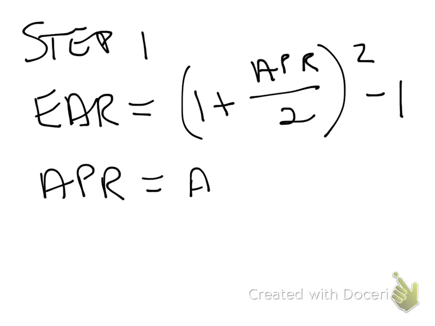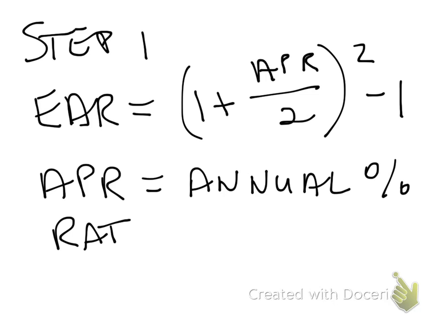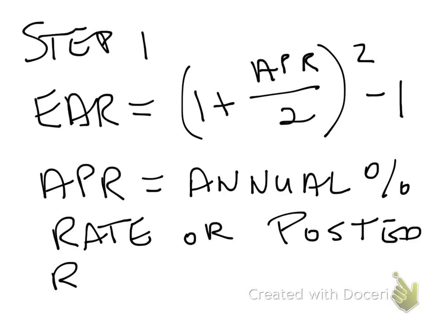And the formula we use to do that is we take in brackets 1 plus the APR, divided by 2. So take your APR, divide by 2 first, add the 1, and raise it to the second power, or square it, and then subtract 1. And that will convert our annual percentage rate, our posted rate, to our effective annual rate.